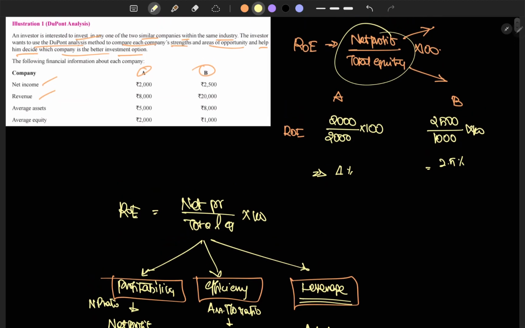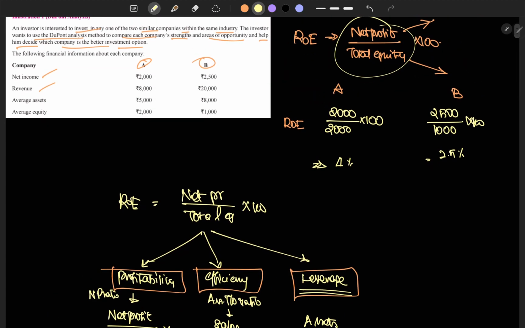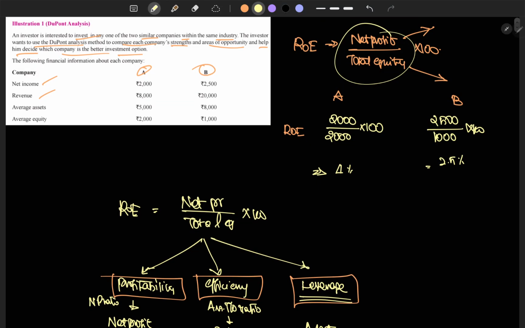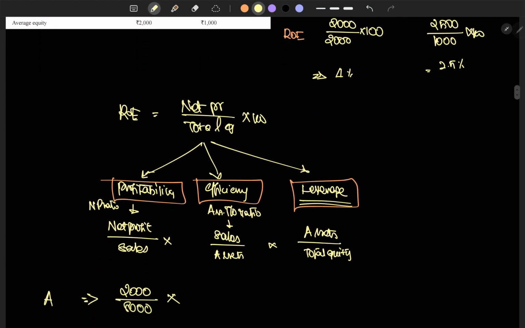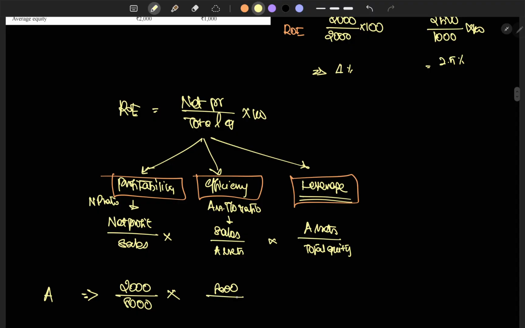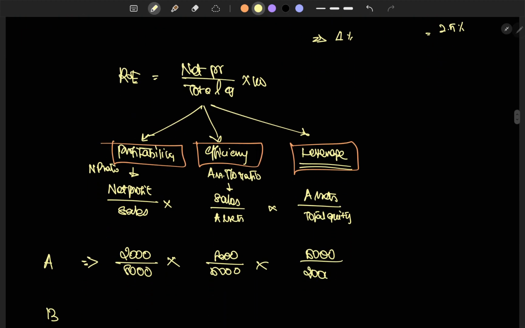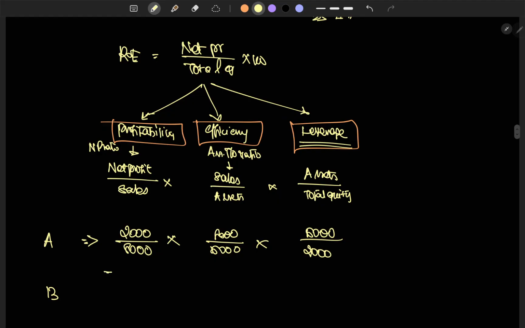Let's do it for company A and company B. For A, net profit is 2000, sales is 8000, assets is 5000, and total equity is 2000. Let's calculate one by one.